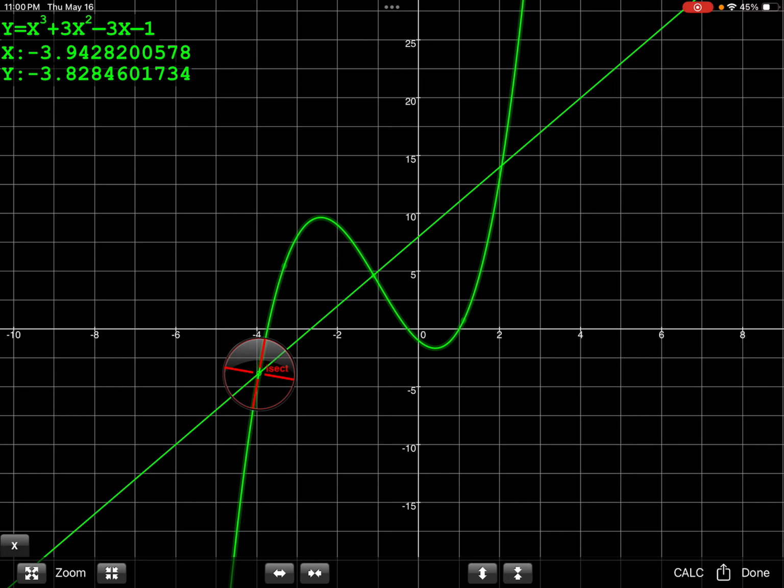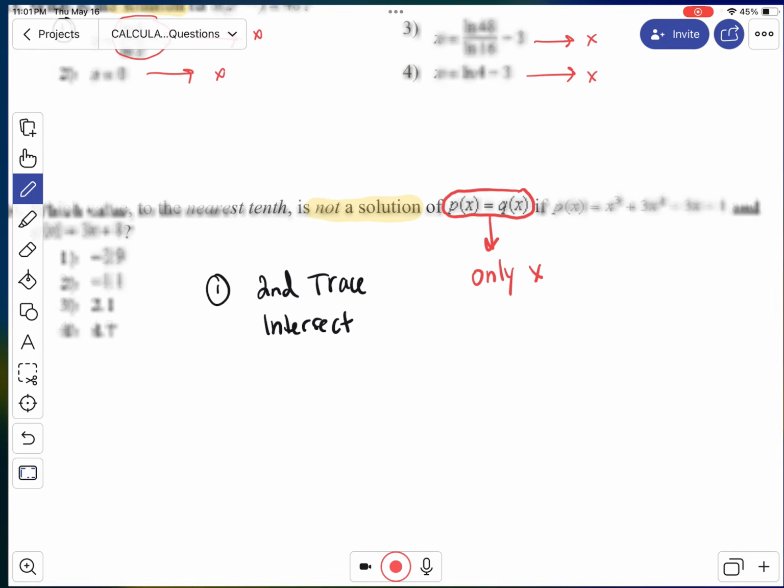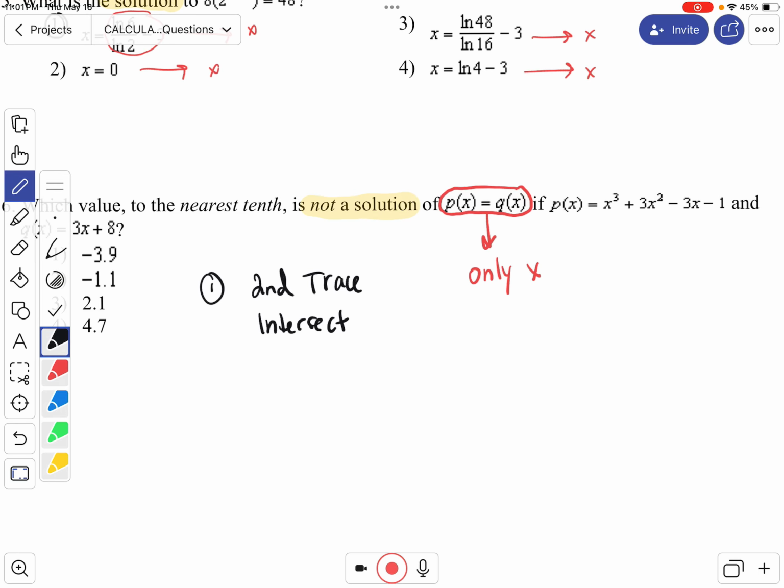You'll notice that the x value for this one is negative 3.9. The x value for this one is negative 1.1, and the x value for this one is 2.05, which is closest to 2.1. So the only one that we did not have is 4.7. Okay?